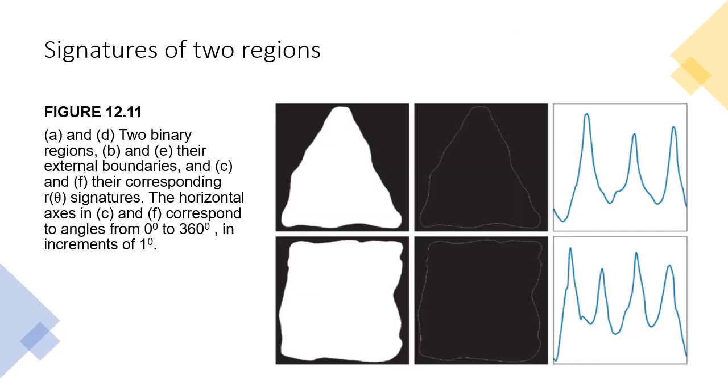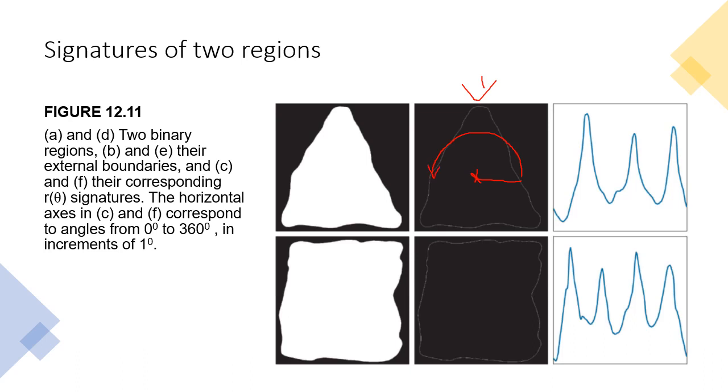Okay, and this is just another example of a signature. We have two regions, one almost like a triangle and one almost like a square. We do some pre-processing to obtain the boundary, and after we obtain the boundary, again we calculate the center and then create the signature starting from the horizontal and going anti-clockwise.